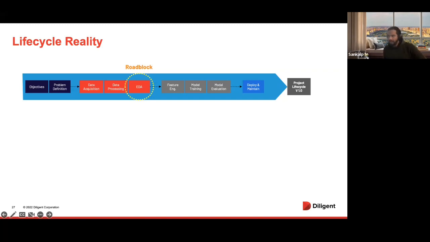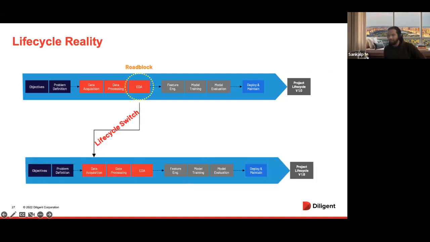So we have to stop our work here and do a life cycle switch and go back to a previous step wherein we figure out how to collect more data samples, right? So as you go about collecting more data samples, you resume working here, and you essentially go through all the subsequent steps, right? Because now you have new data samples, and those need to be processed as well.